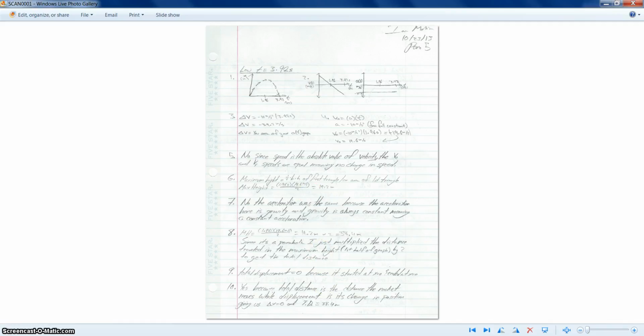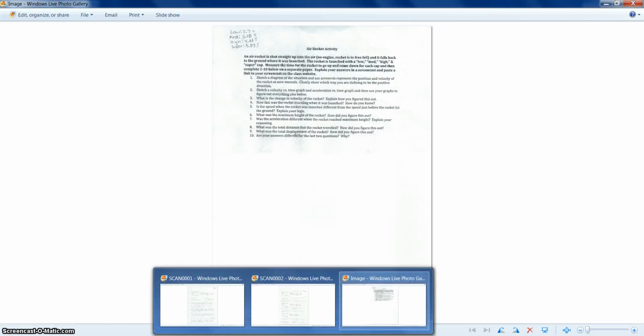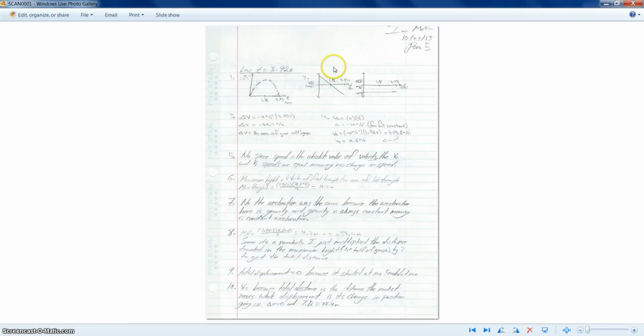And then our number two for the activity was just to sketch a velocity versus time graph and an acceleration versus time graph. Our velocity versus time graph here shows that our rocket started at an initial positive velocity over here, and then as the rocket reaches maximum height, it decreased in velocity and eventually reached zero at this point here.